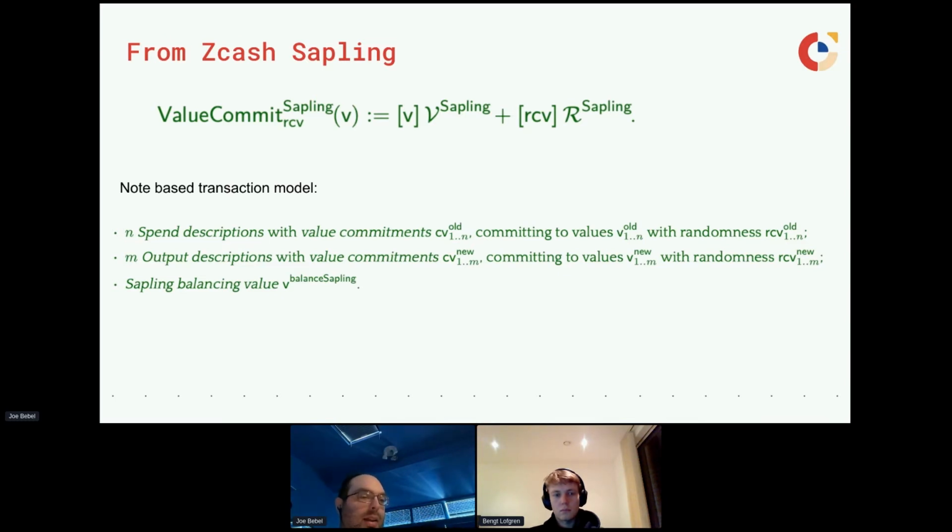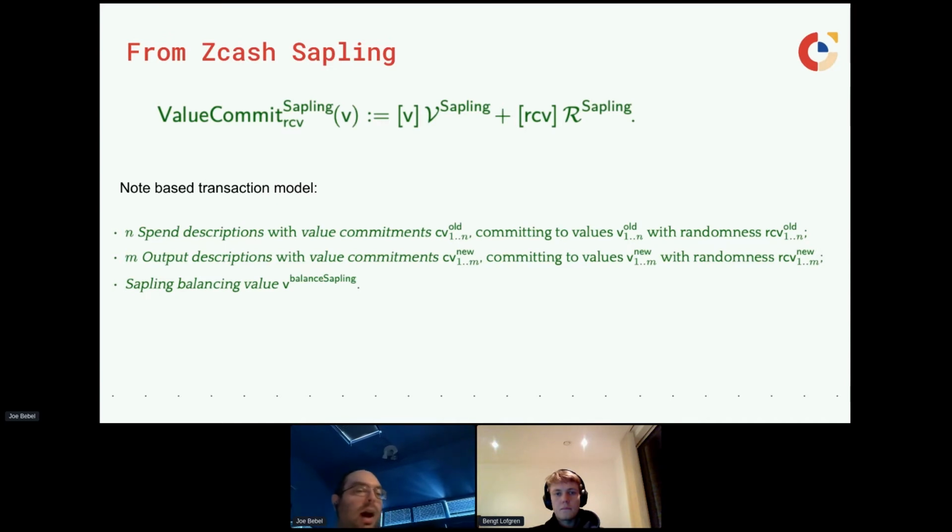And then you create M output notes, which have value commitments CV new 1 through M, which encode some amounts of ZEC that are output. And then you have this balancing value, which is the net sum of this transaction, and is used to represent how much ZEC is added or removed from a shielded pool.